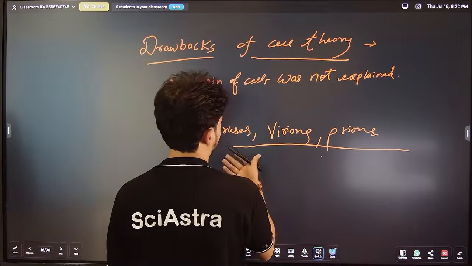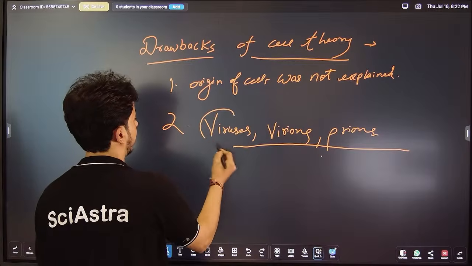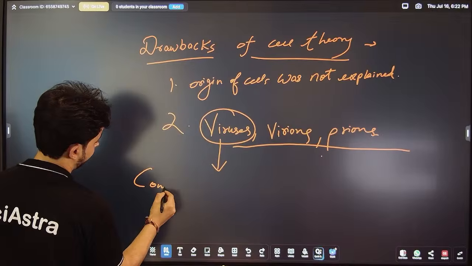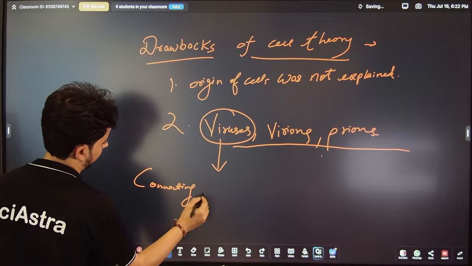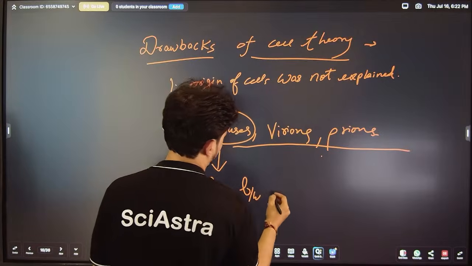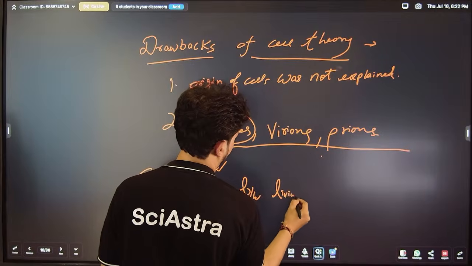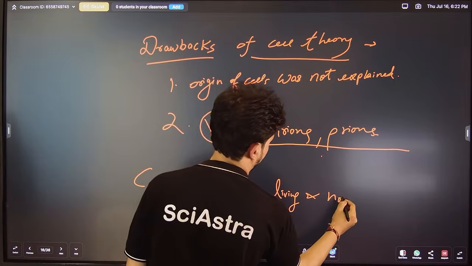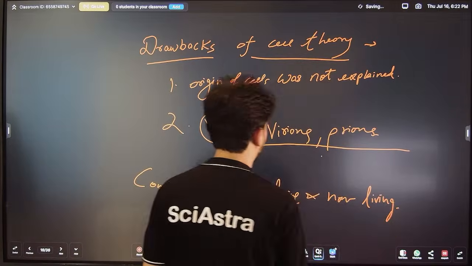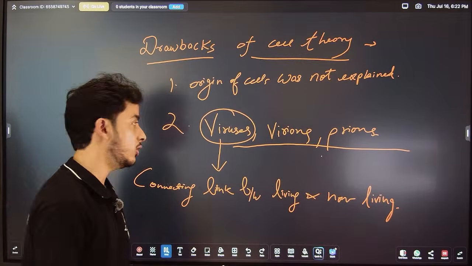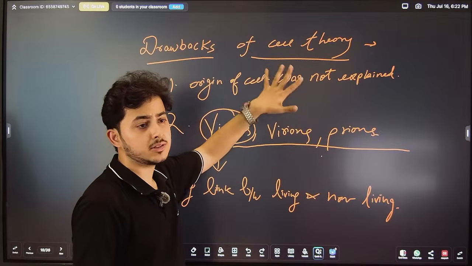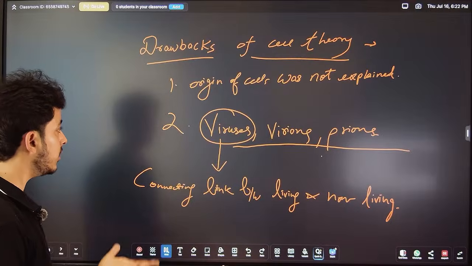But if you talk about viruses and virions, these viruses are the connecting link between living and non-living. So what viruses are and all those things were not mentioned in the cell theory. So this was another drawback of the cell theory.